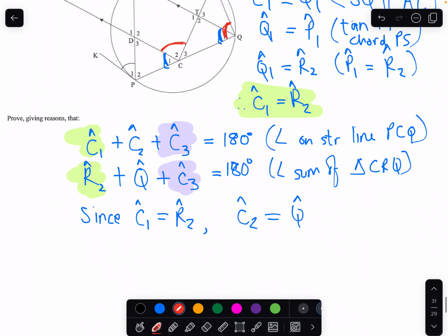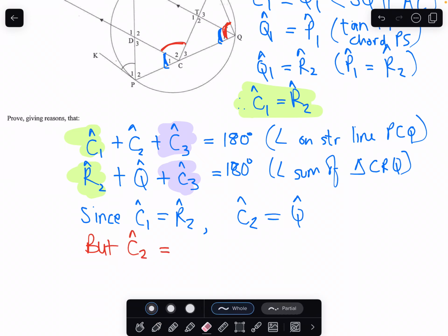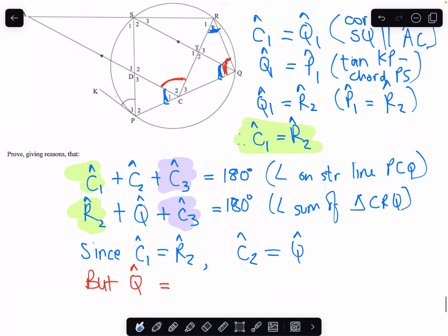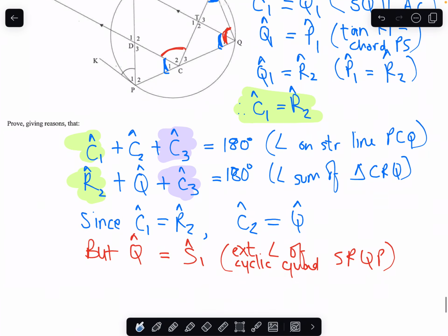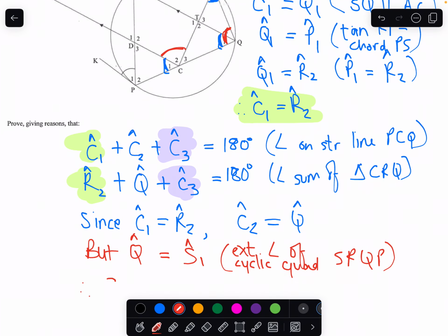So but Q is equal to angle S1 because exterior angle of cyclic quad, and the cyclic quad is SRQP.